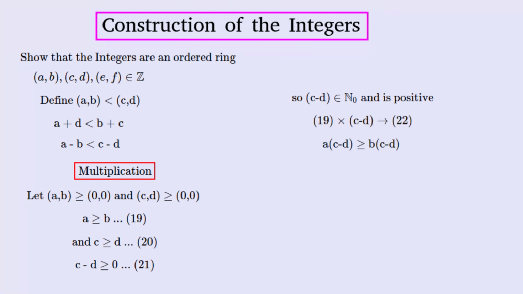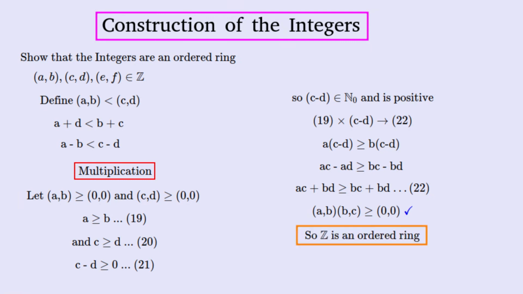We'll multiply one of the equations by this number to get this equation, and the greater than sign isn't flipped because this number is positive or 0. We'll expand the brackets. We'll manipulate it using some algebra. We'll use the product rule in reverse to get this equation, which proves this axiom correct. So the set of integers is an ordered ring.